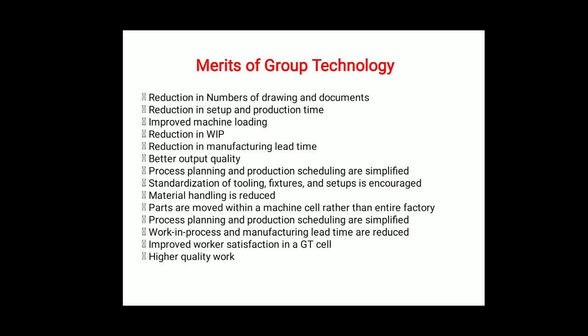Process planning and production scheduling are simplified. Work in process and manufacturing lead time are reduced. There is improved worker satisfaction in the group technology cell, and higher quality work. So these are the benefits we get by using group technology.